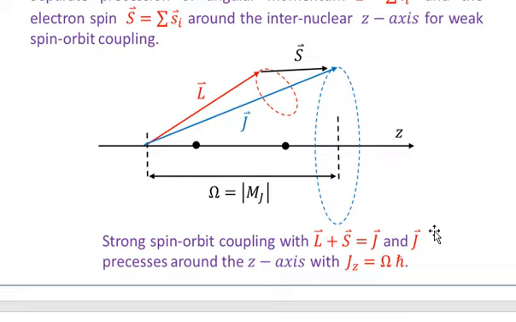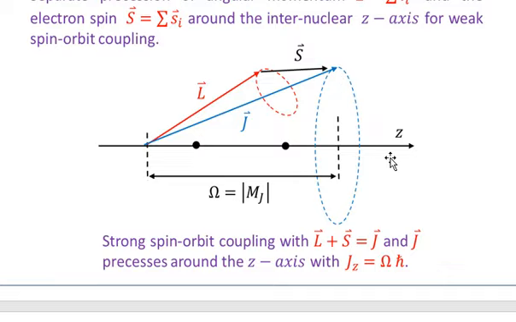So this is capital J carrying out a precessional motion about the z-axis, which I have shown with a blue loop. This blue loop is centered at the z-axis, and the vector J, also shown in blue, is carrying out a precessional motion about the z-axis. This is the case of strong spin orbit coupling.